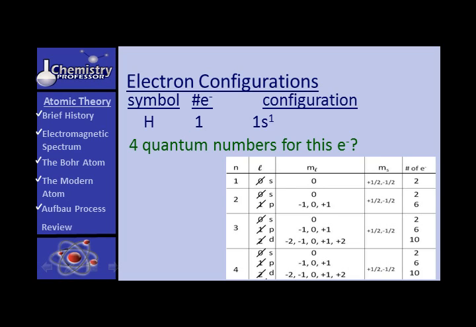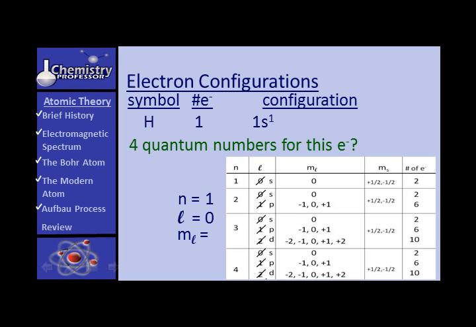Well, what are the 4 quantum numbers for this 1 electron? In other words, what is N? Well, I'll keep the chart up here for you right now. And N is what? N is 1, yeah. And what is L? Well, L has the value of 0.